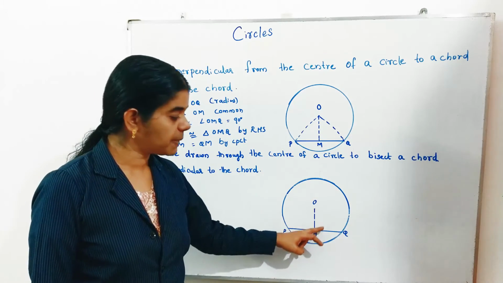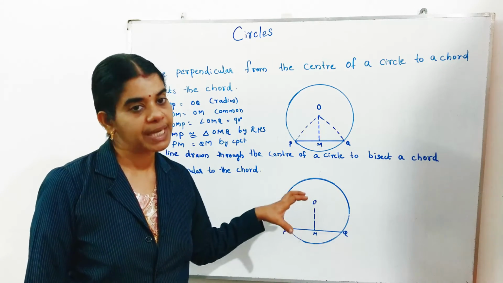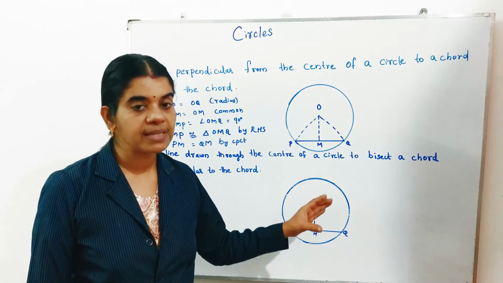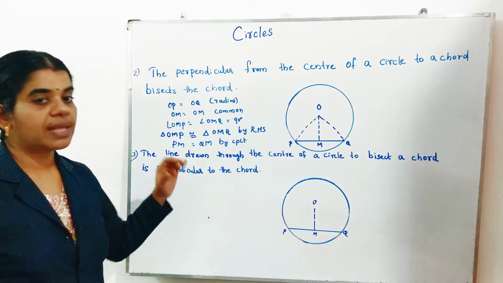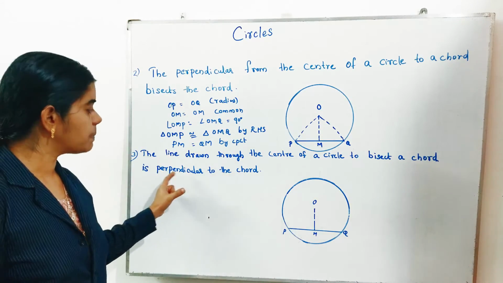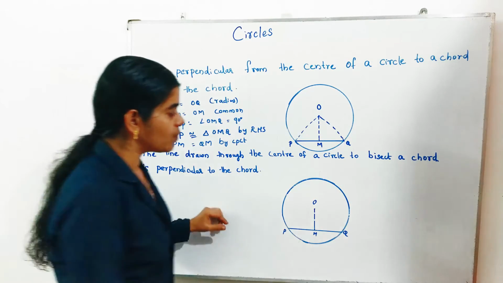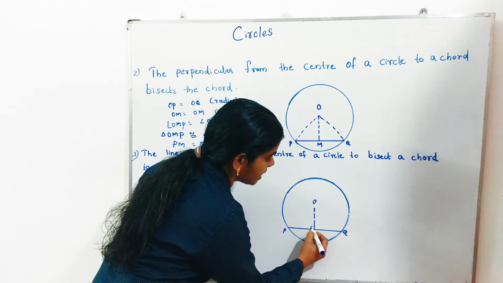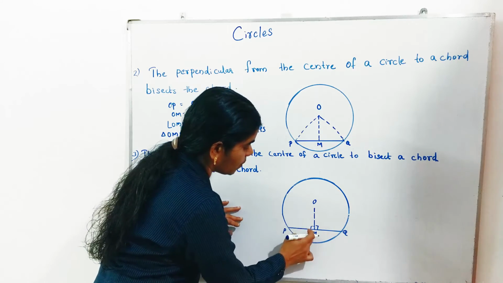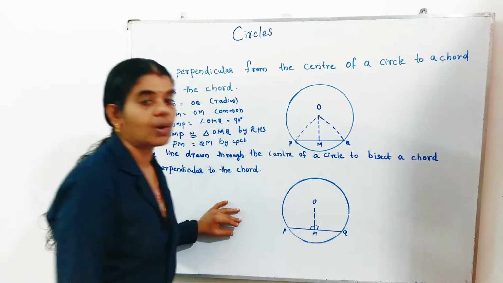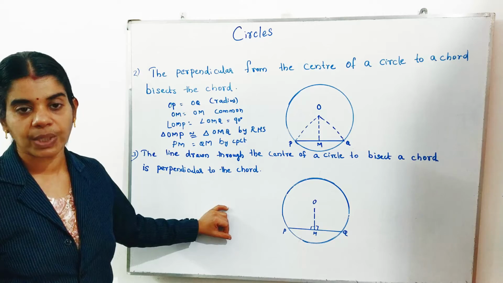So here PM is equal to QM, already given. Because this line bisects the chord, we want to show that the drawn line is perpendicular to the chord. Here you want to show that angle OMP is equal to angle OMQ is equal to 90 degrees.